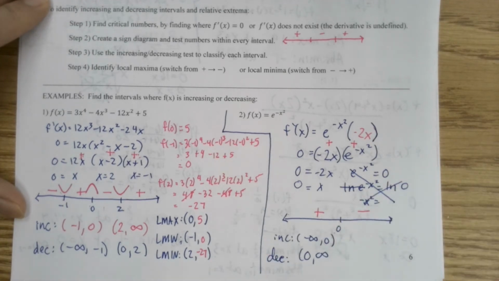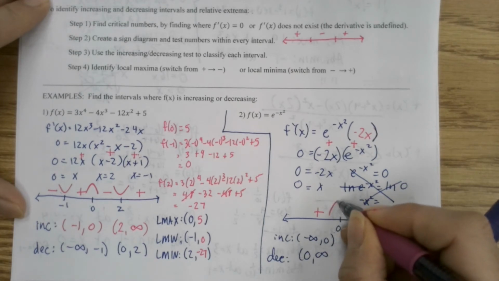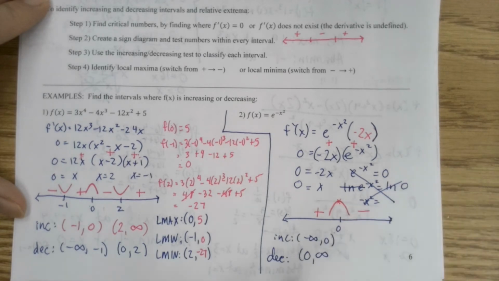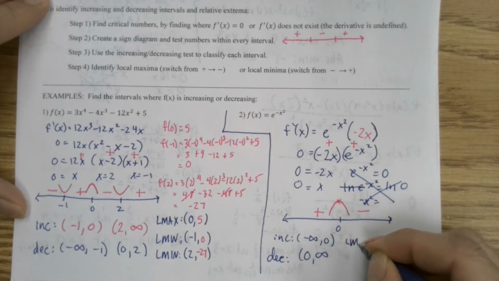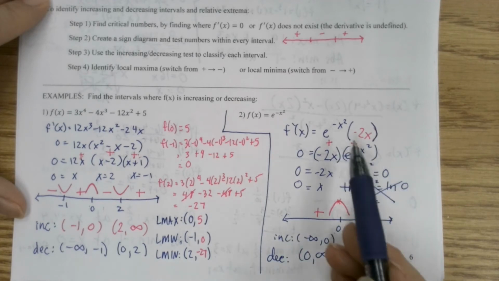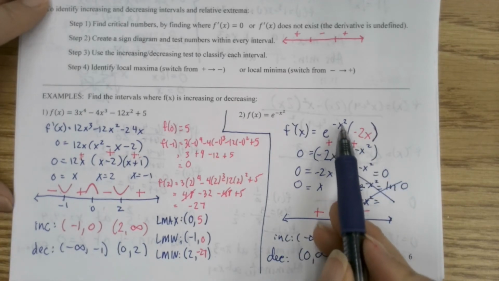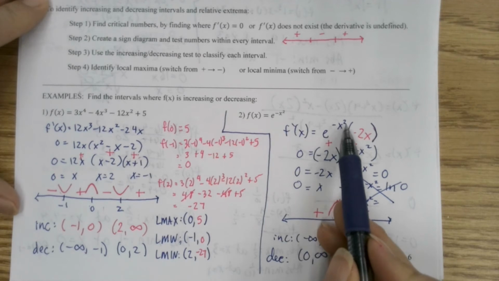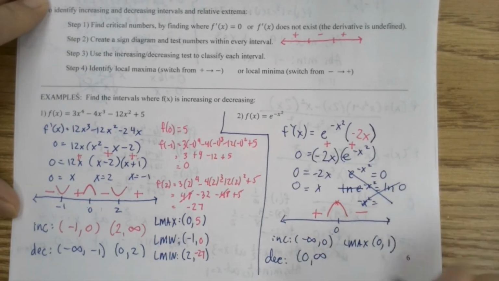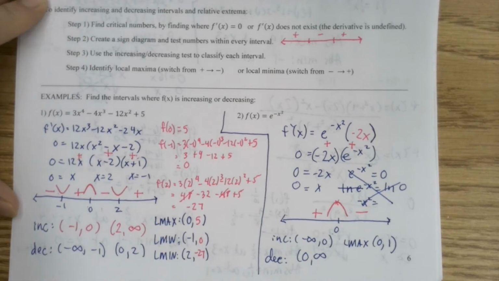My graph is switching from increasing to decreasing. So look at this physically. That has to be a local max. So we have a local max at 0. So I'm going to substitute 0 back into the original function. E to the negative 0 power, e to the 0 power, anything to the 0 power is equal to 1. So there is my local max.